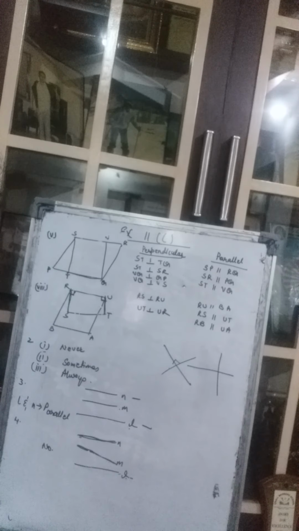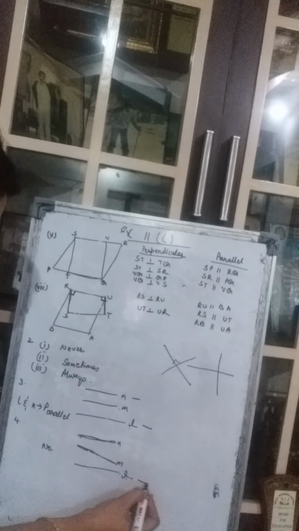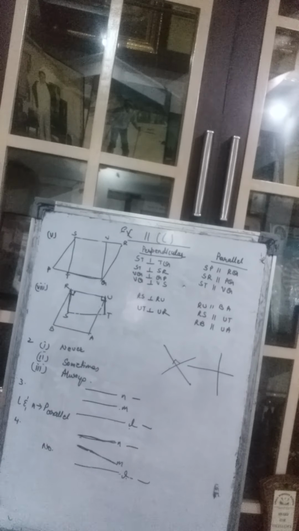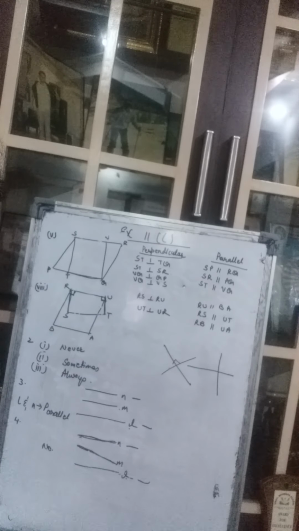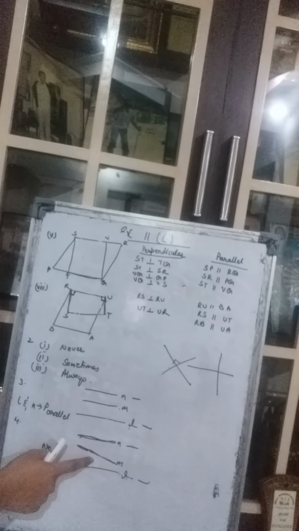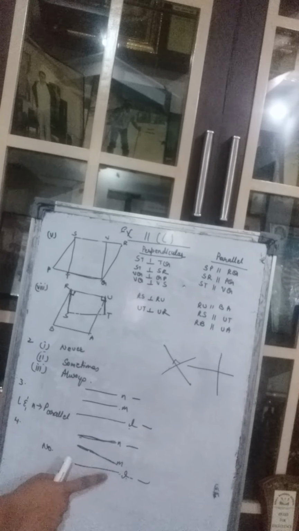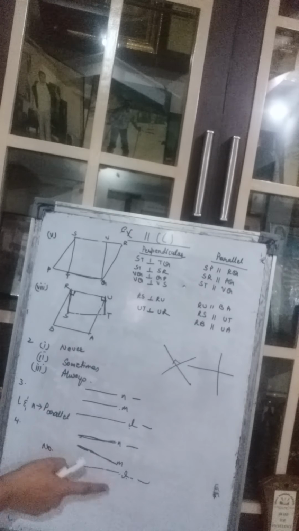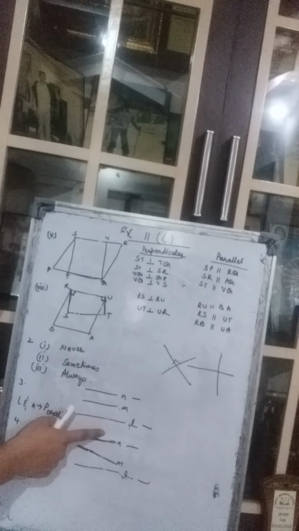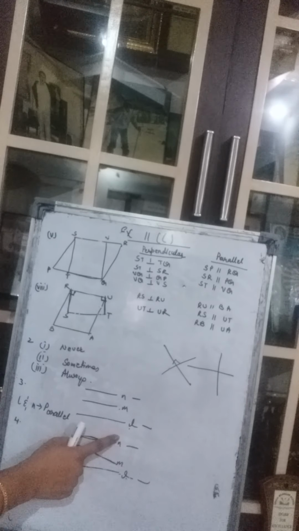Now, does it follow that line L cannot be parallel to N? We are talking about this and this line. They are saying then these two lines will never be parallel to each other. No, they can be parallel. Suppose in this way, we have drawn a sketch like this. This is a line L and this is a line N. They are not parallel to each other. Then M is also not parallel to N. So N can be drawn like this also.